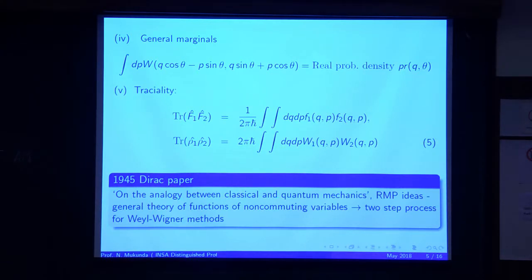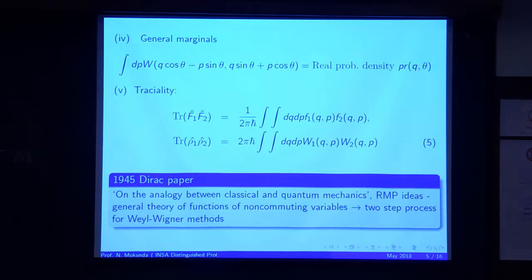And it is in this paper that he gave an outline of a general theory of functions of non-commuting variables. This is what he refers to in his letters to Moyal. So I would like to show you how we have tried to use Dirac's ideas in this 1945 paper to understand the Weyl-Wigner phase-space description of quantum mechanics from a different point of view.